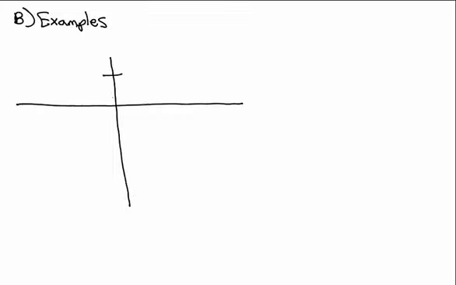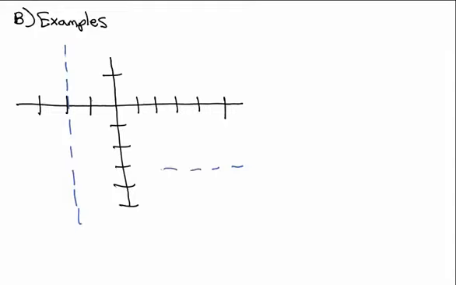So we've got a y-axis that goes up to 1 and down to 5. We're going to go left to 3 and right to 5. Then I'm going to draw in a vertical asymptote at -2 and a horizontal asymptote at -3.